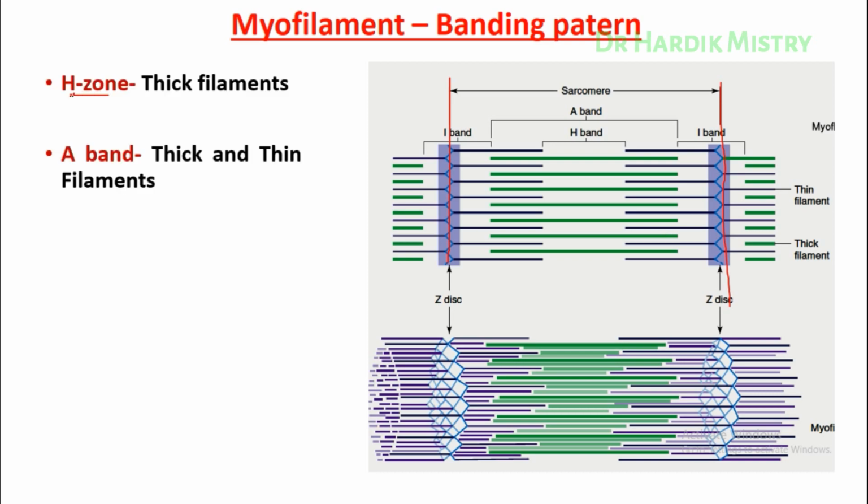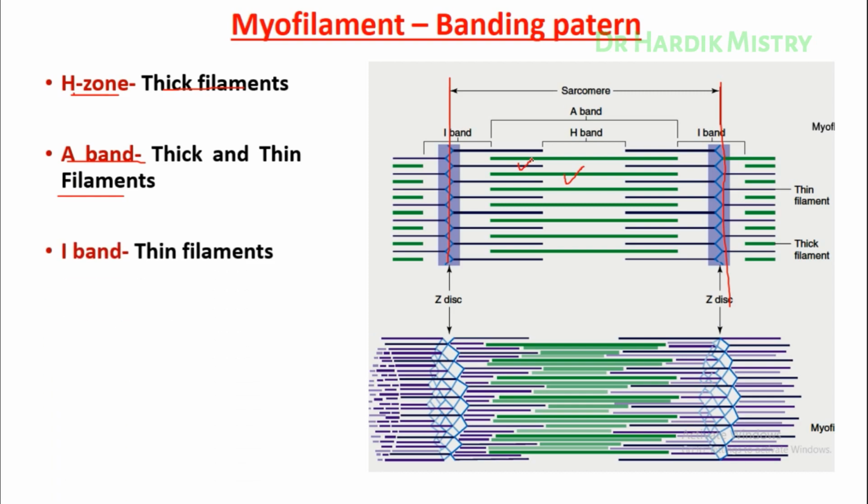Inside the sarcomere there is an H zone, made up of thick filaments or myosin filaments. The H band or H zone is made up of only thick filaments. Next, the A band is made up of thick and thin filaments. Here you are seeing the A band, made up of both the thick filaments and the thin filaments.